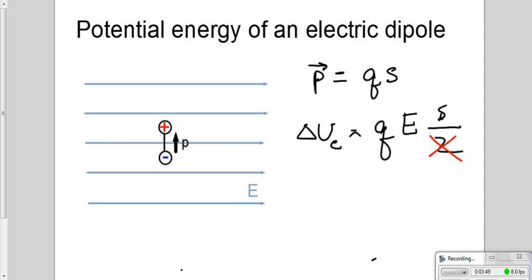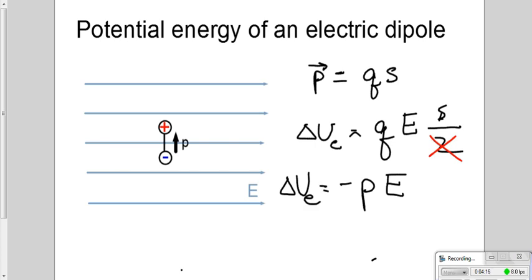Or what we can write is just P times E, because Qs is equal to P. And because it's lower, we can put a minus sign on it. All right, so the change was negative. Remember, lower potential energies are more stable, and that's why we're writing the negative. So in that quarter of a rotation, that's how much was lost.